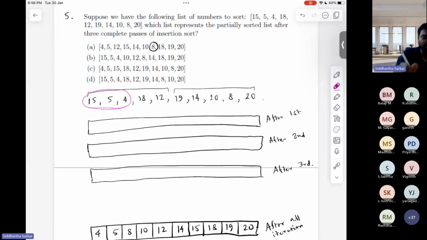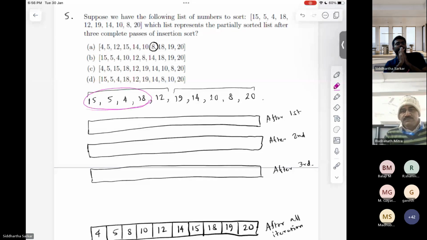After the third iteration, the first four elements are in sorted order among themselves. That is the property that insertion sort maintains. That means after the n-1th iteration, all the elements will be in sorted order. That's how insertion sort works.